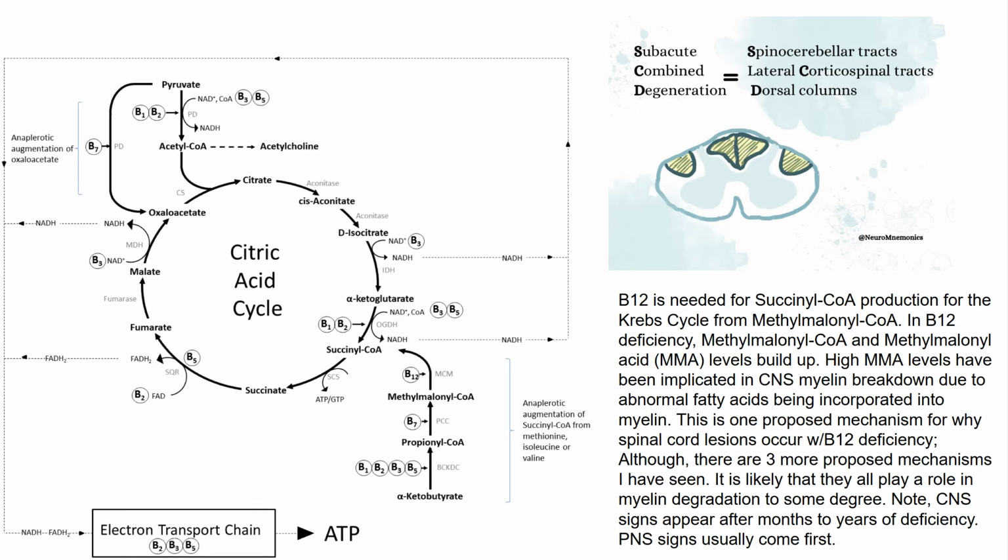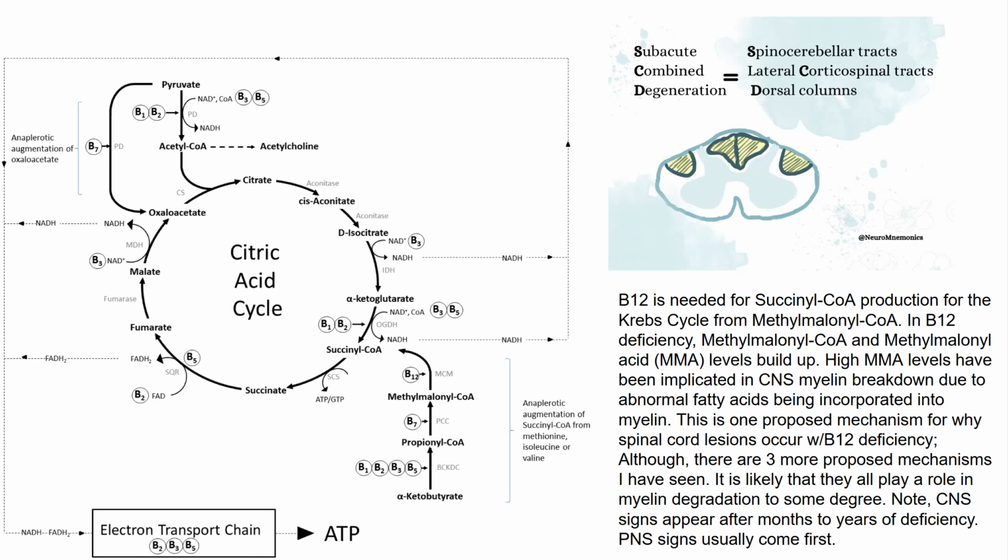When B12 is deficient, methylmalonyl CoA and methylmalonic acid, or MMA, levels rise. High MMA levels have been implicated in CNS myelin breakdown due to abnormal fatty acid being incorporated into myelin.